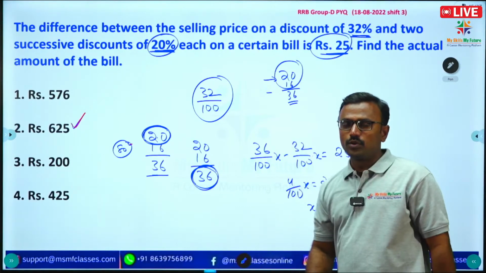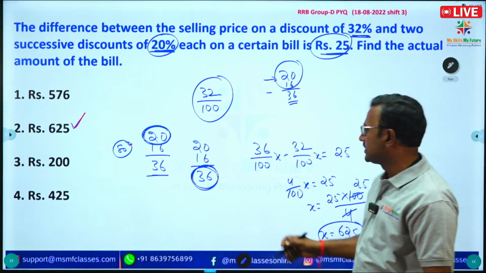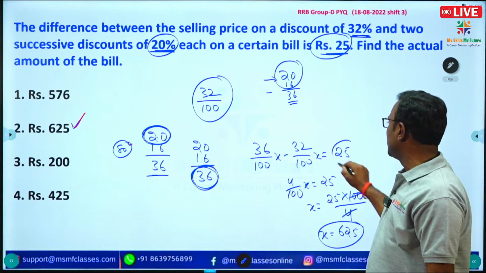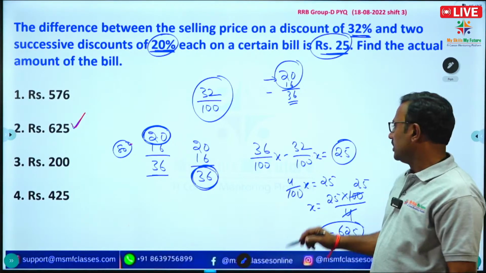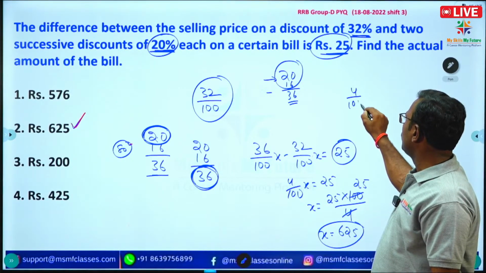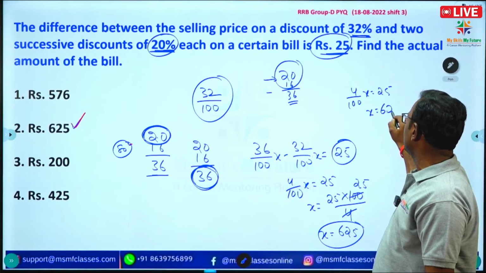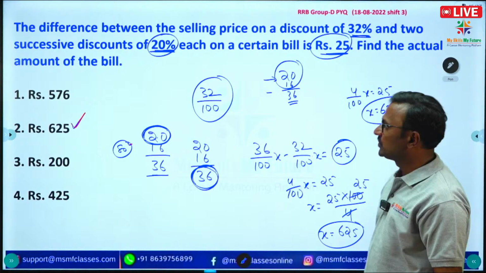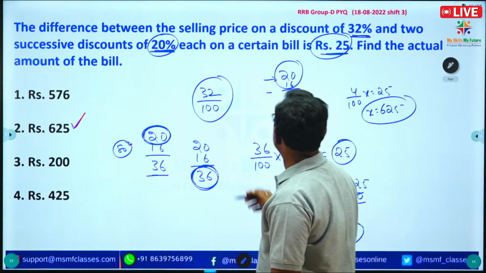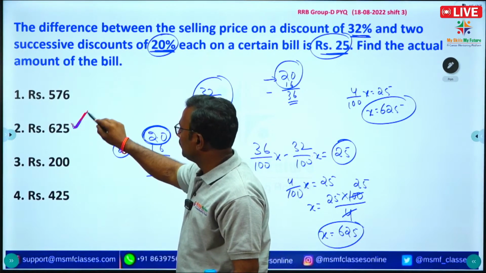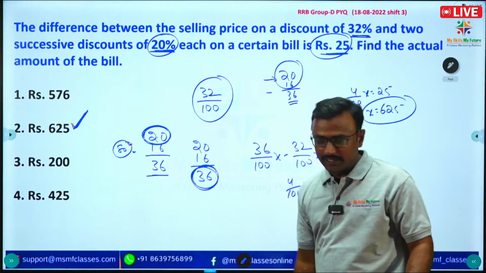Okay, so 36% of x minus 32% of x, we get 25. So 4% of x is equal to 25, x is equal to nothing but 625, the actual price of the bill. Right, option 2 is correct.